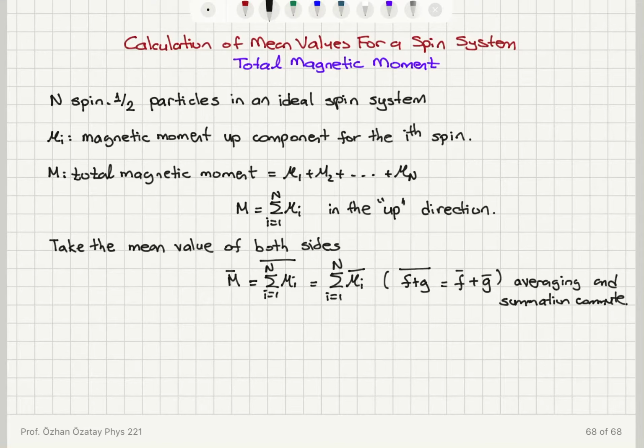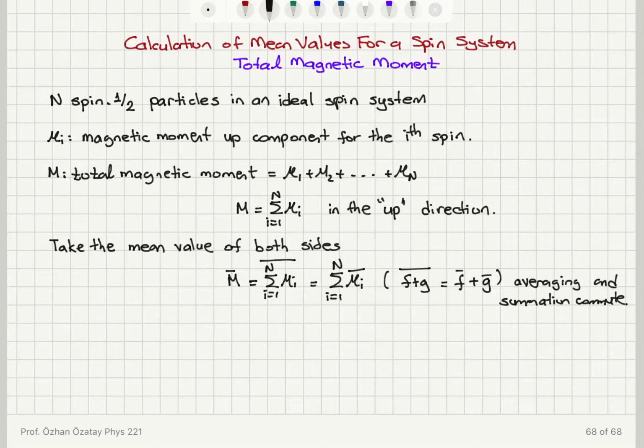Now, if this is an ideal spin system, there is no interaction between the spins, and the probability that any magnetic moment is up or down is the same. So there is no difference between different magnetic moments.